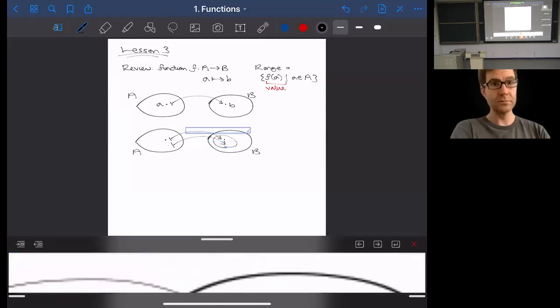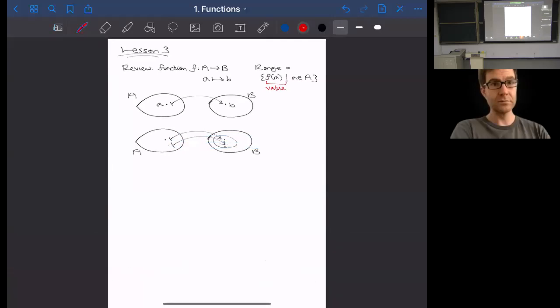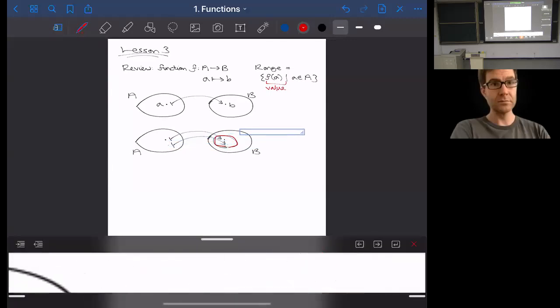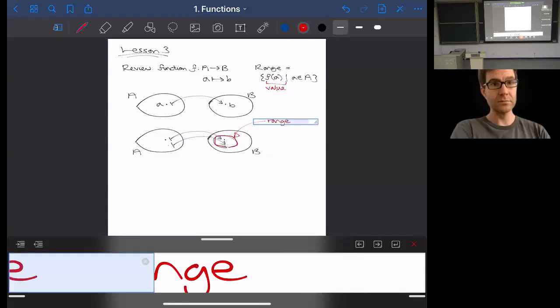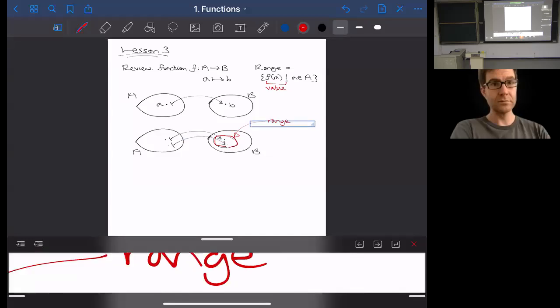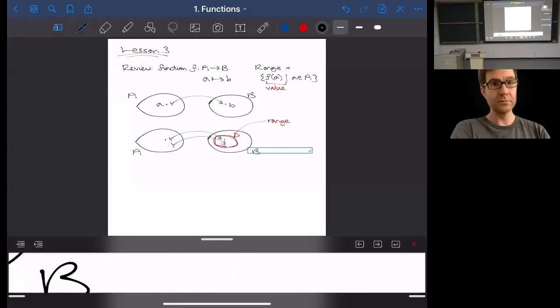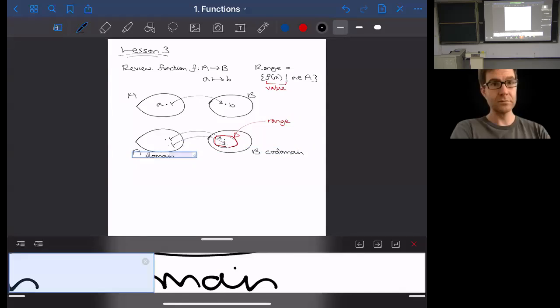The range is the subset of B where all the arrows point to. But B we call the codomain, and A we call the domain.